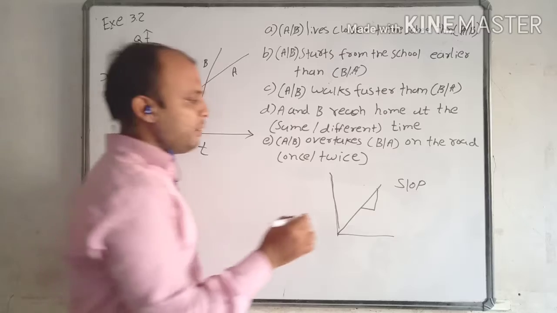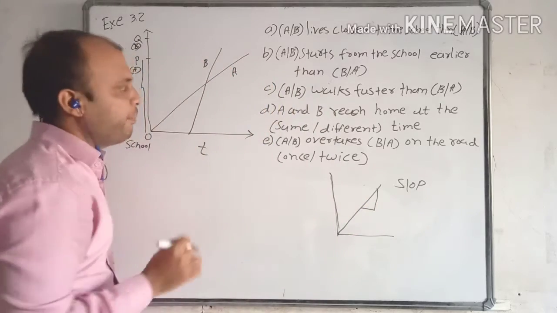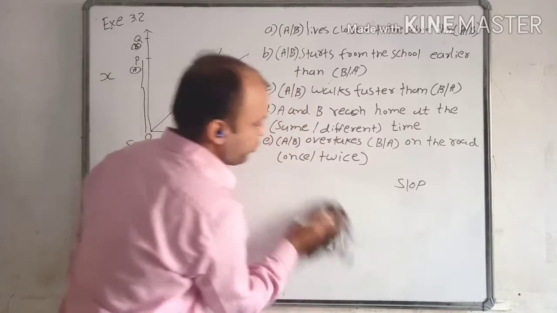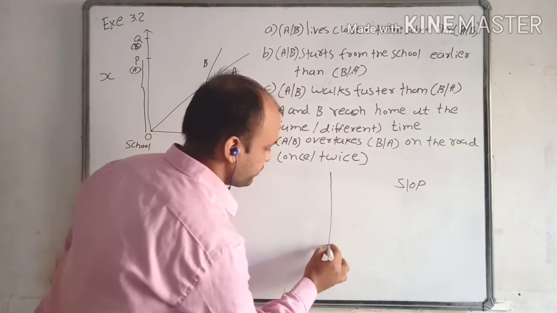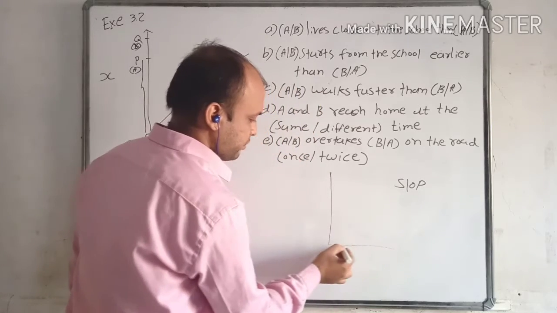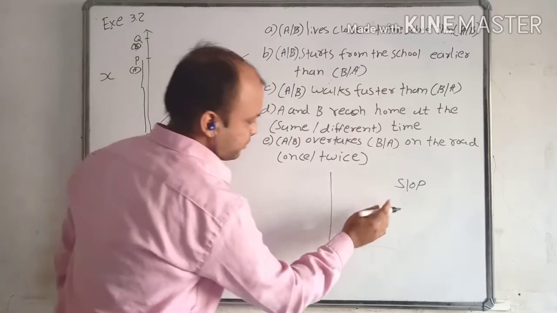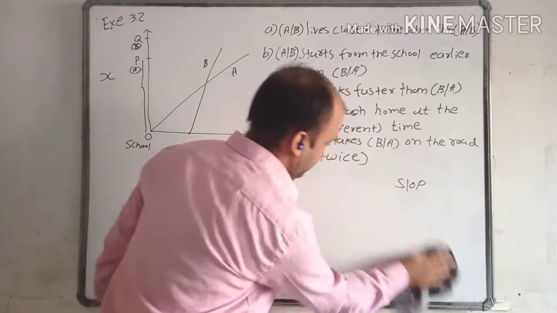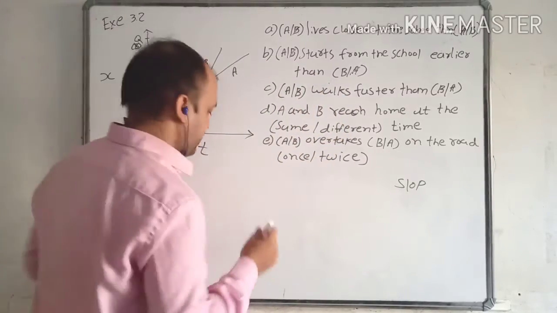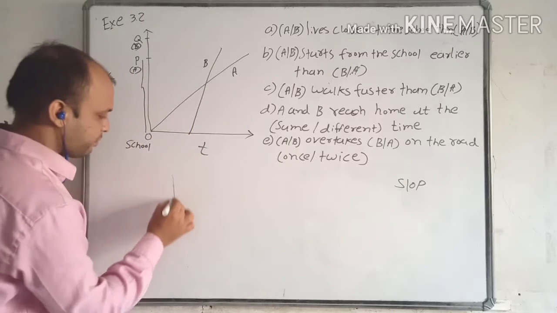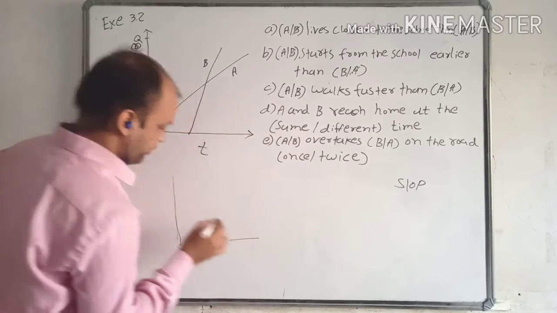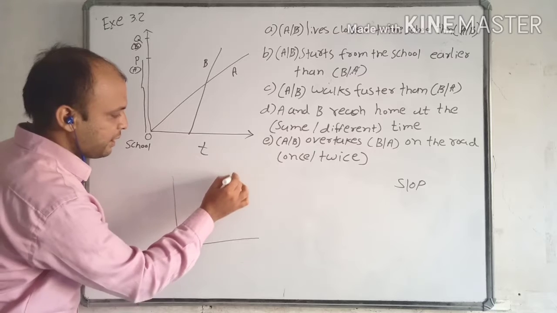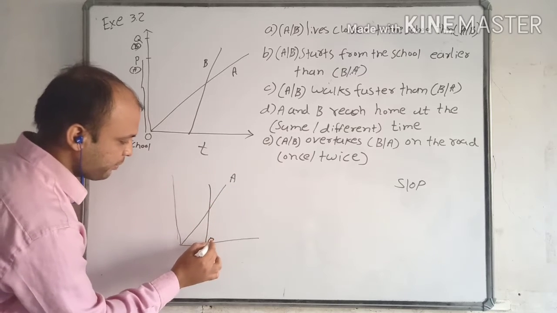So now we are finding the slope for A and B together. There is some water, so I am unable to write it. Actually, I will draw here. This is the graph of A and this is the graph of B.